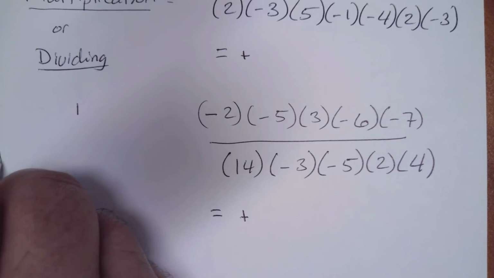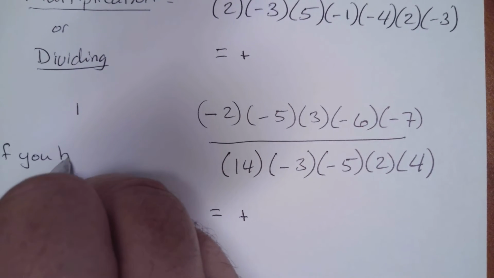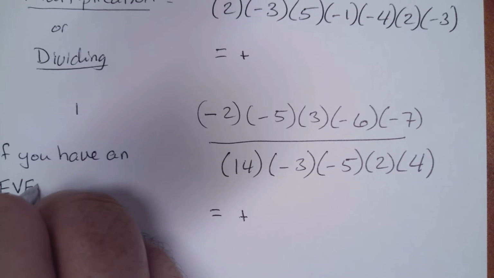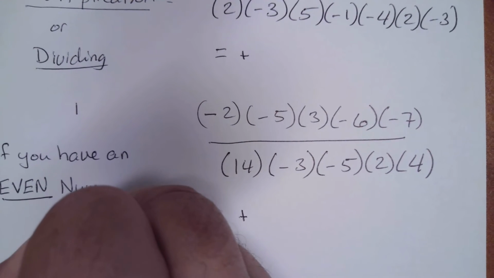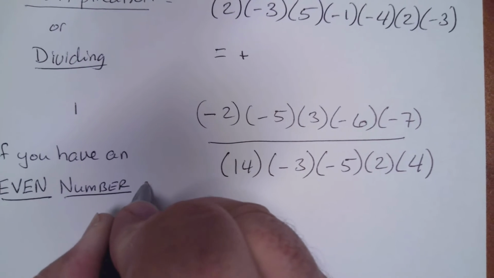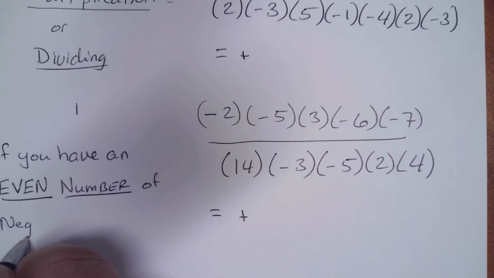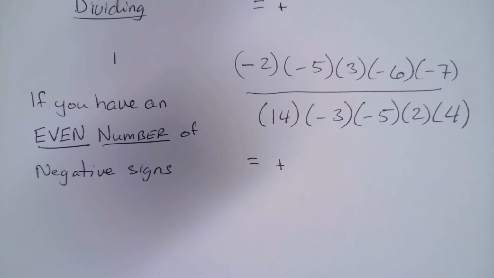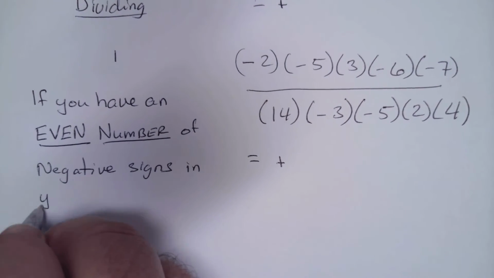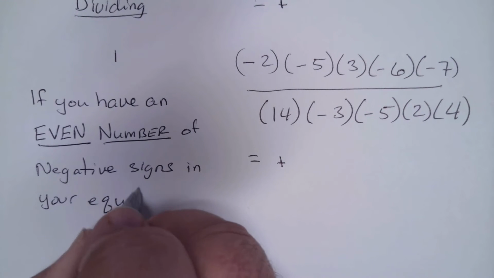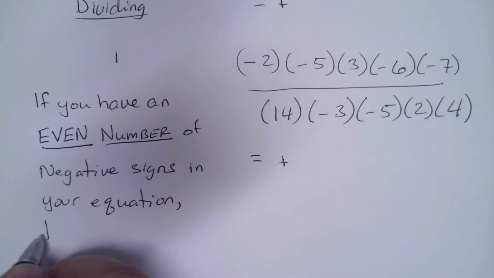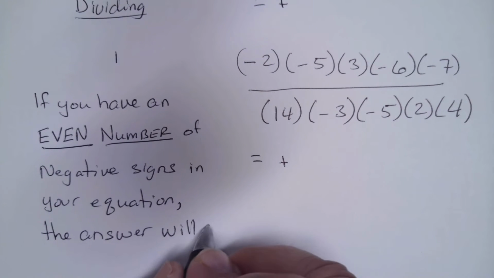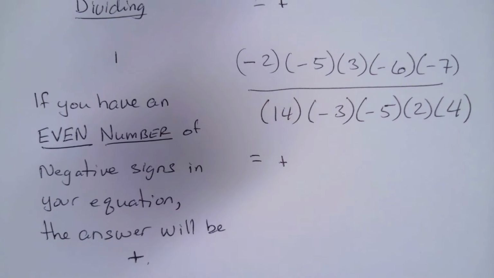Here's the rule. If you have an even number of negative signs in your equation, the answer will be positive.